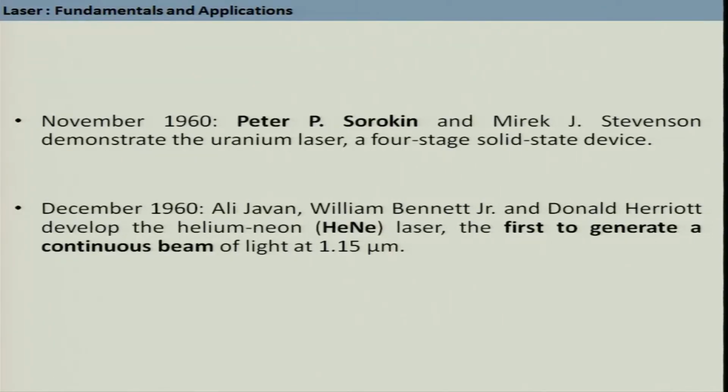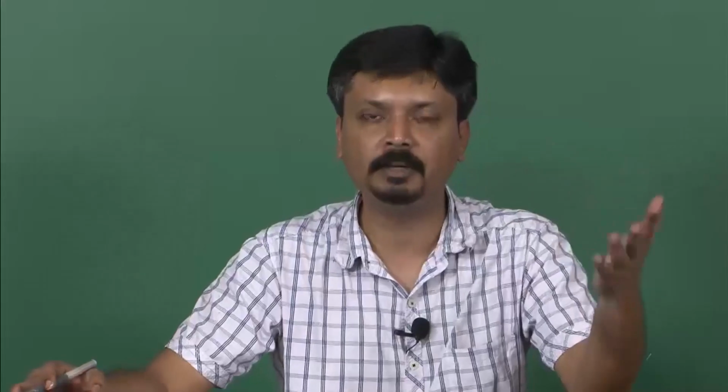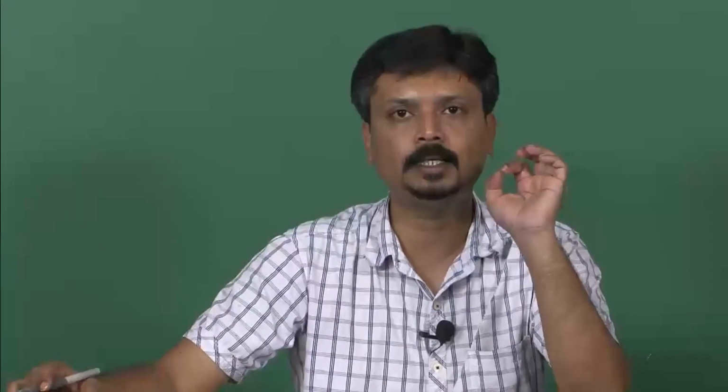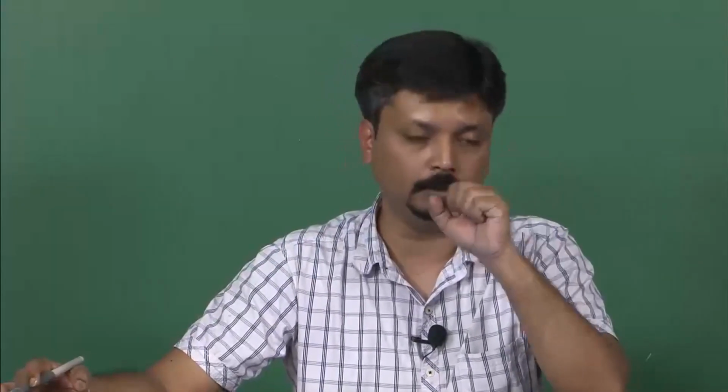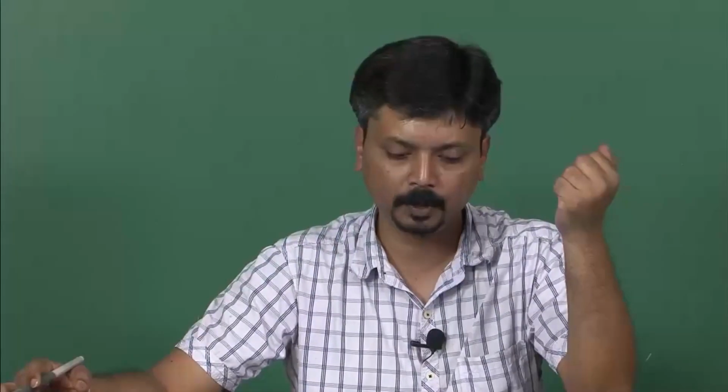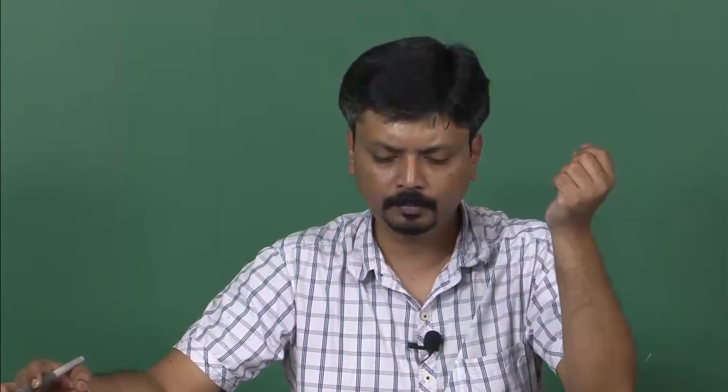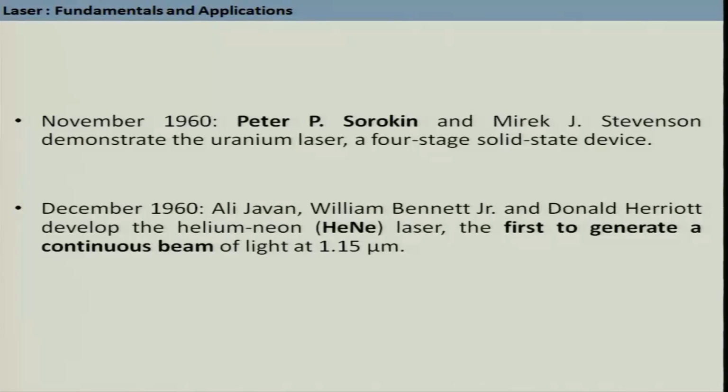After that, there was a huge effort to build lasers out of different materials. There are certain criteria that a material should satisfy in order to work as a laser, or produce lasing action. One of them was Peter Sorokin, who demonstrated in the same year when Maiman first built the ruby laser that uranium can be used to form a laser.